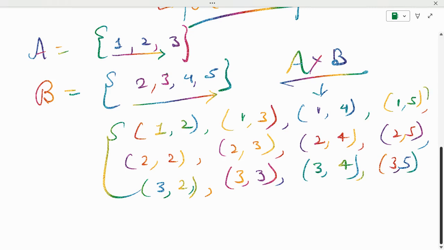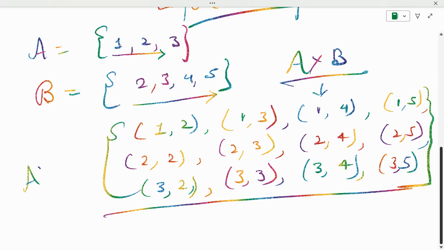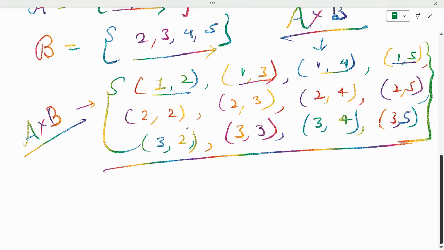In this way, we get a set called A cross B, which consists of ordered pairs like (1,2), (1,3), (1,4), (1,5), and so on, obtained by multiplying every element of set A with every element of set B. Now, this is basically an ordered pair.